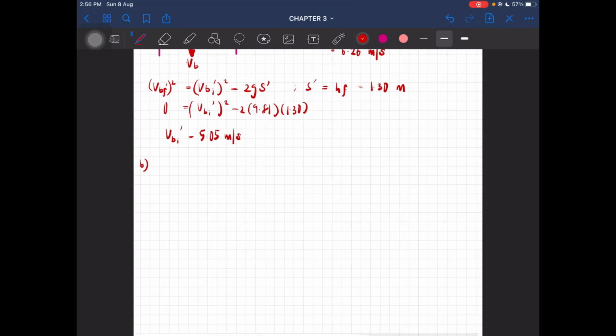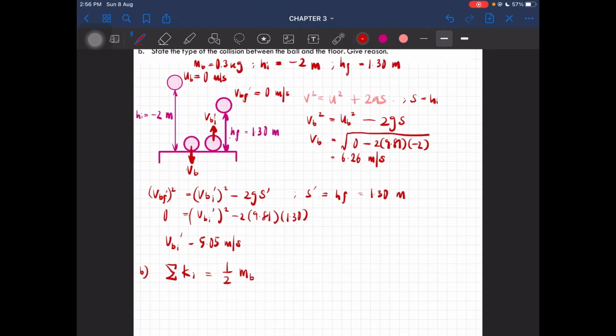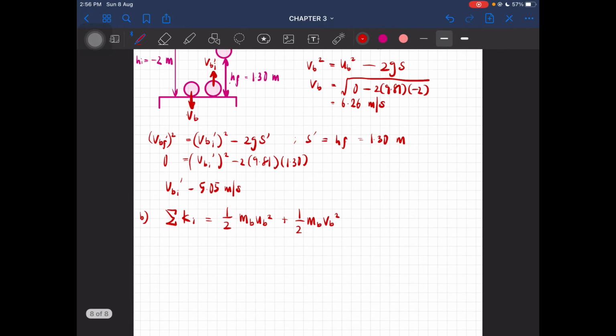Let's find the initial kinetic energy, half m UB squared plus half m VB squared.